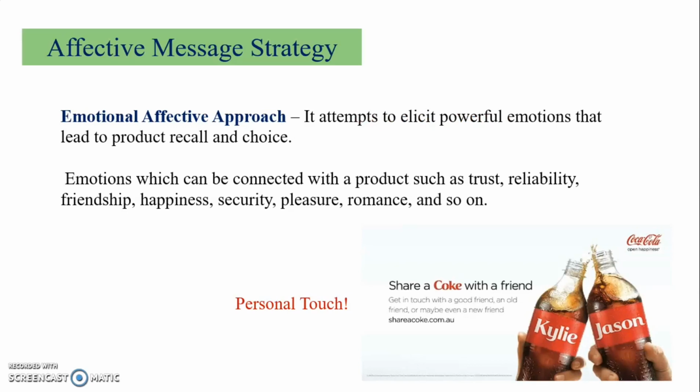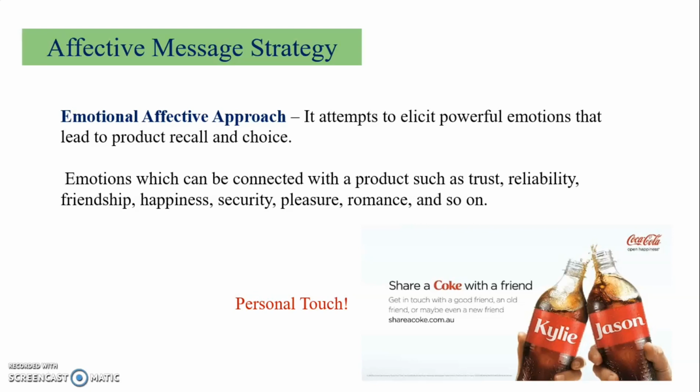And then the emotional affective approach. We all know this Coca-Cola campaign, where Coca-Cola brings in different people and they share happiness with others. That's the personal touch and the personal message they try to convey. The emotional affective approach attempts to elicit powerful emotions that lead to product recall and choice.